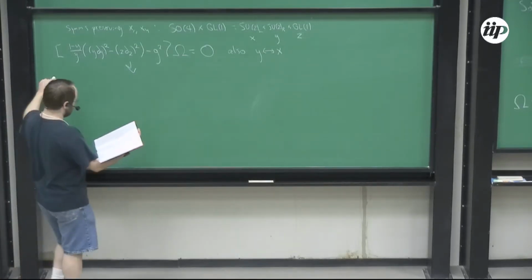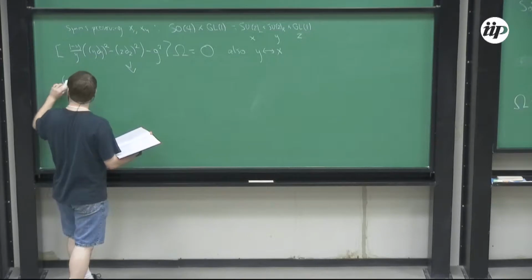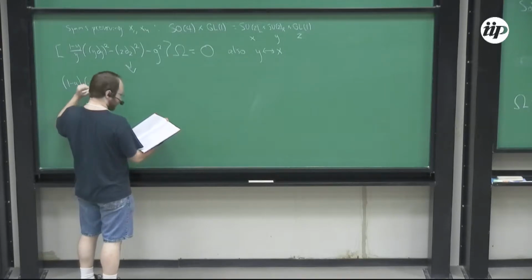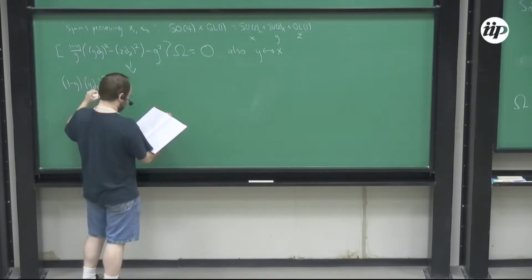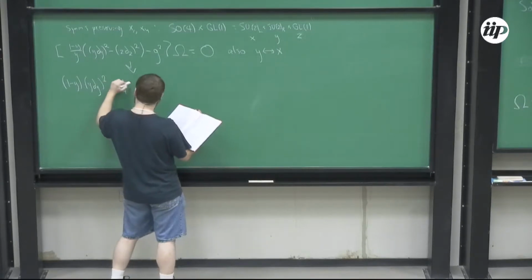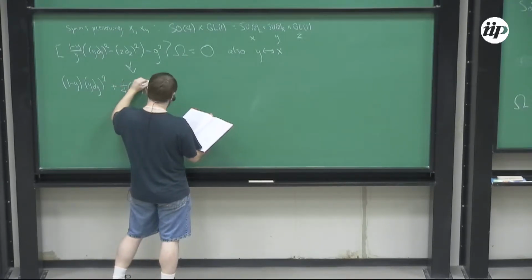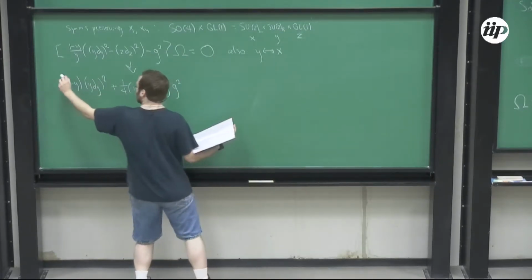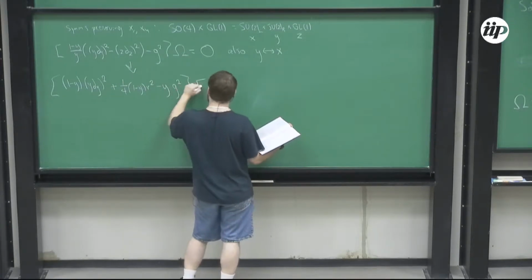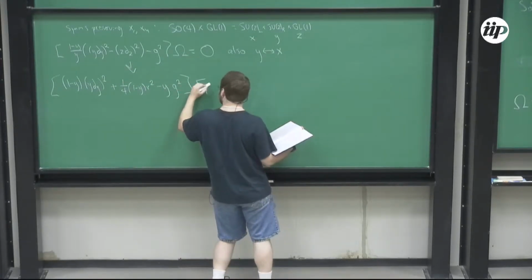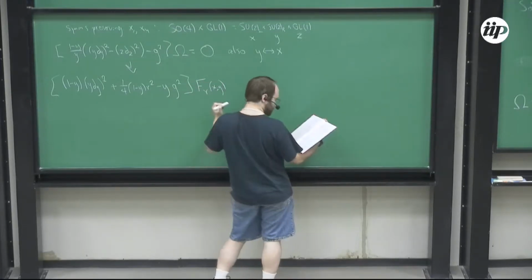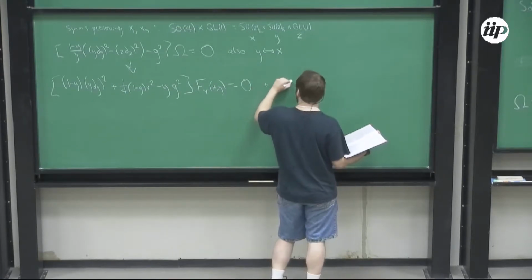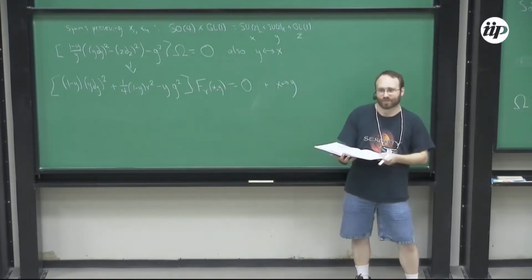So you just plug that in, and what you get is (1 minus y) dy squared plus a quarter (1 minus y) nu squared minus y g squared, all acting on f of nu, x, y equals 0. And once again, you also have the x exchanged with y version of this equation.